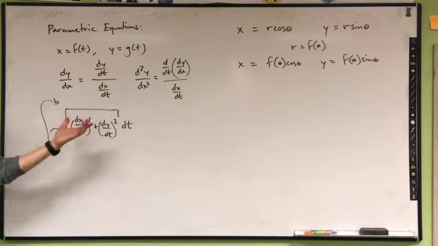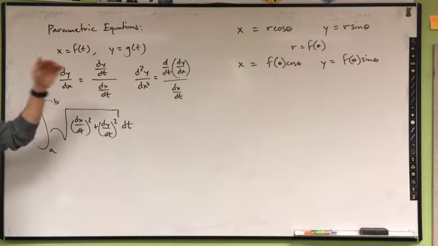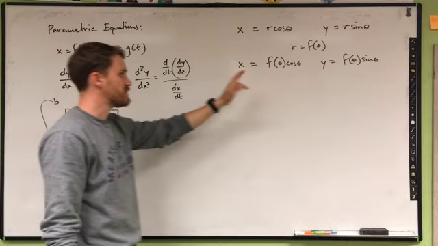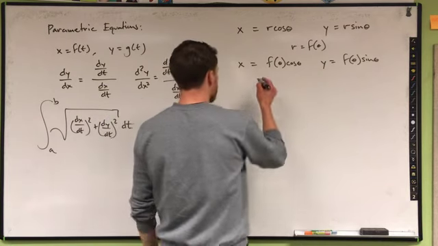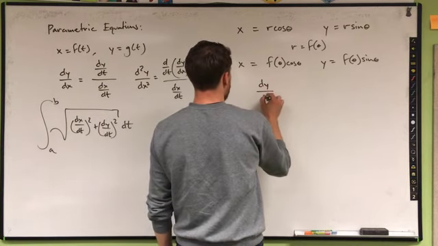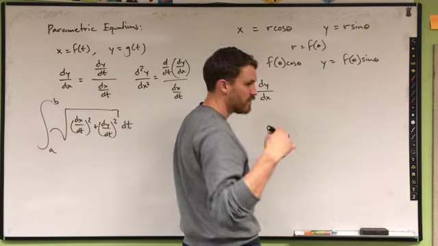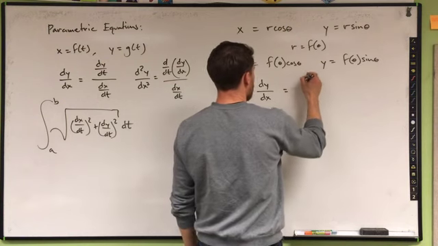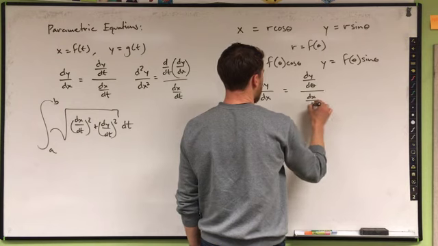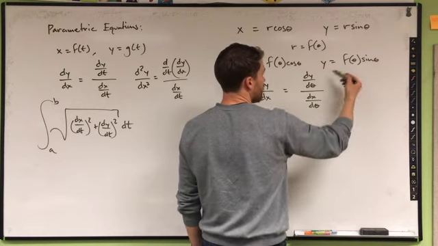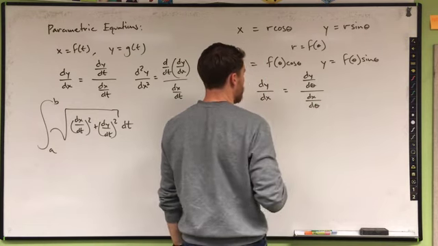That means our x position depends on theta, our y position depends on theta, and so all of this stuff applies. So if we want to find the slope of a polar curve, that should just be dy/d theta divided by dx/d theta, which can get pretty nasty, because this looks like a product rule issue.